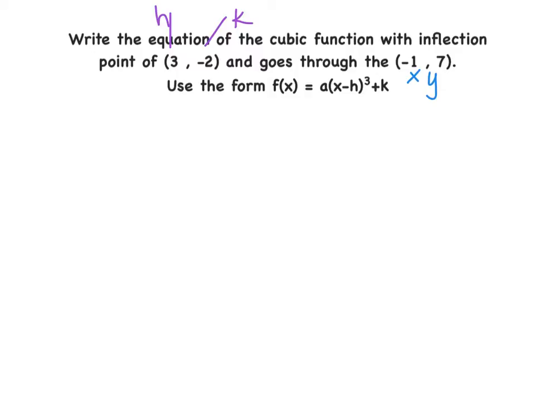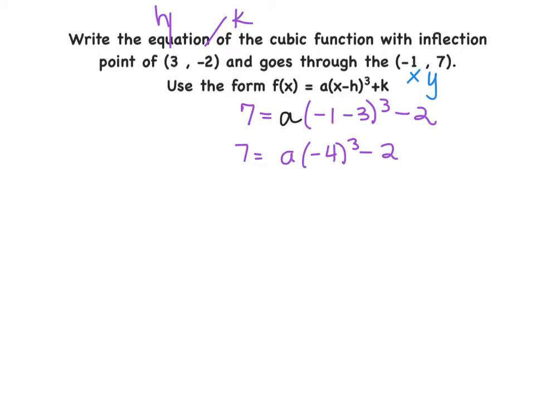So if I just start plugging in everything that I have, I have a y, I don't have an a, but I have x minus the h cubed, and I have a k. Now I'm solving for a, just like we've done in the past. So this is going to be -4 cubed.